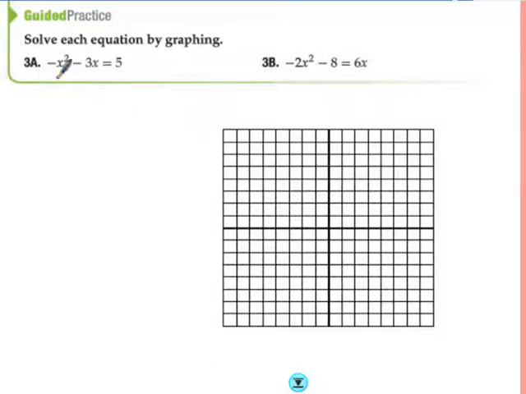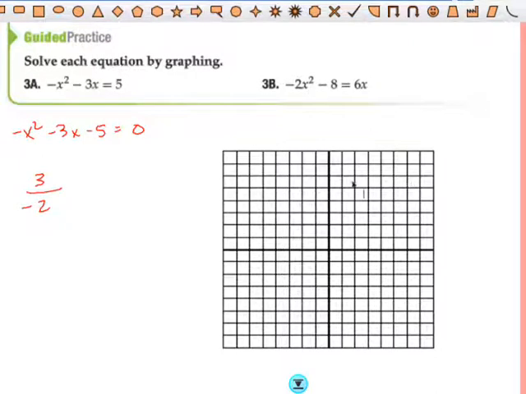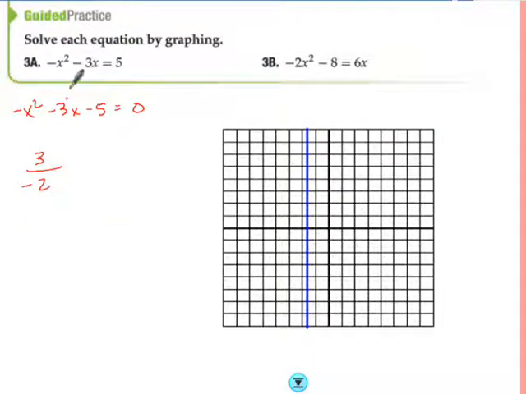You write no solution. So if we were doing this problem, we have negative x squared minus 3x minus 5 equals 0. Let's find the axis of symmetry. That's the opposite of b over 2a. So it's negative 1/2. So we have a line at negative 1.5. Okay, something like that. Let's plug negative 1.5 back into the original equation.